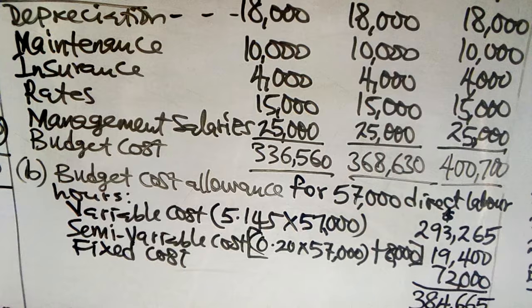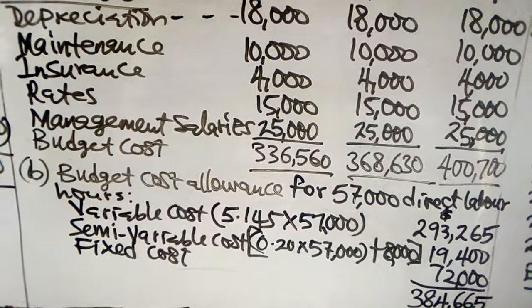That is the budget cost allowance: 384,665. So that is for that.